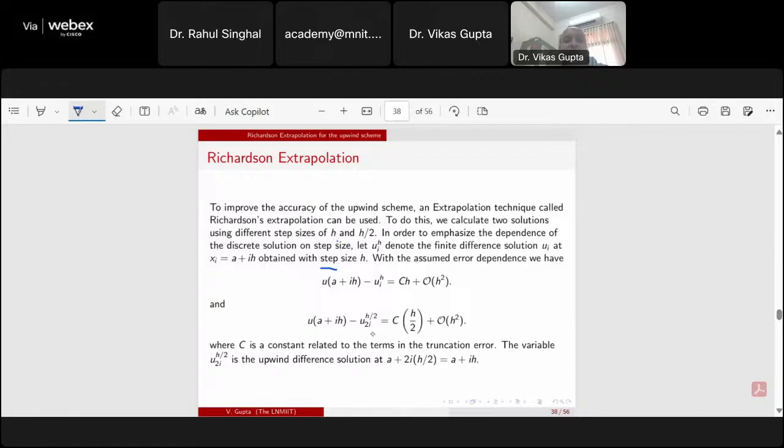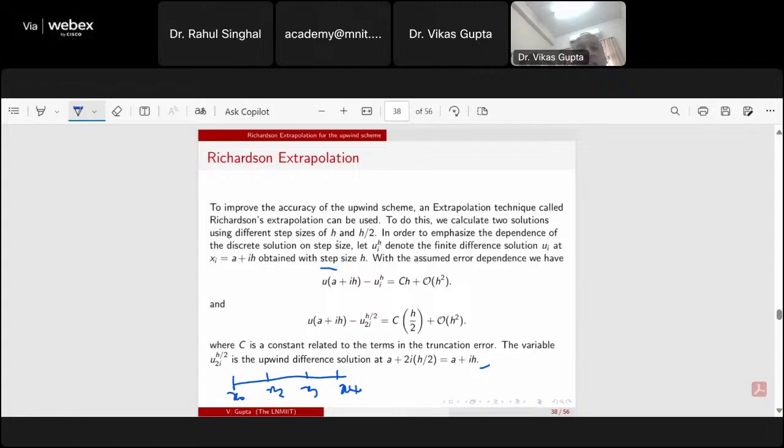Now suppose u_{2i}^{h/2} is another solution with step size h by 2. Note that it is the upwind difference solution at the point a plus 2i times h by 2, which is again x_i. Basically, suppose these are x0, x1, x2, x3, x4, and the mesh width is h.